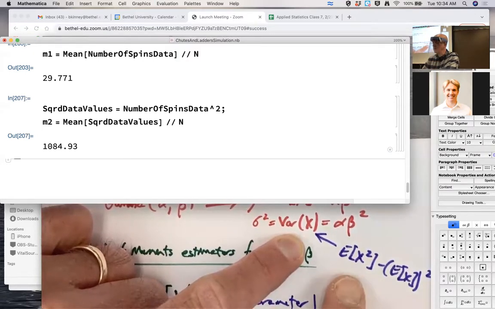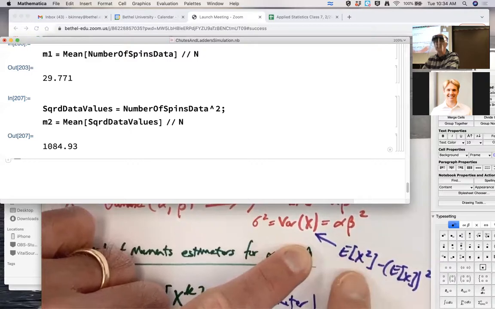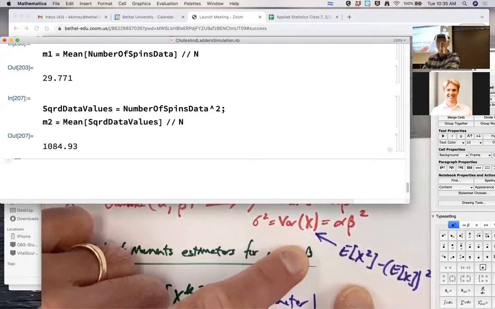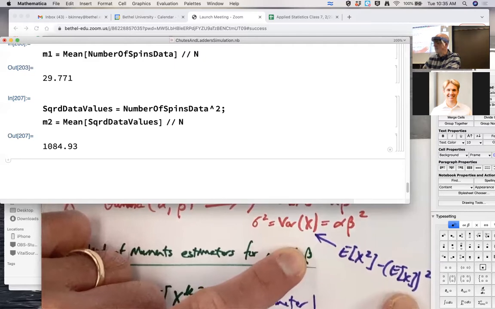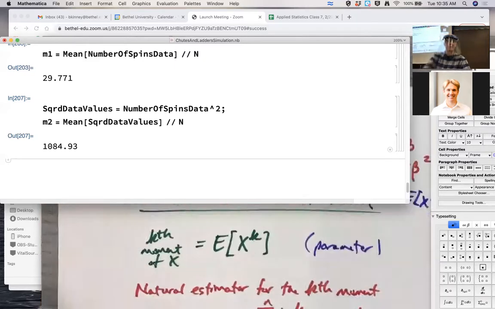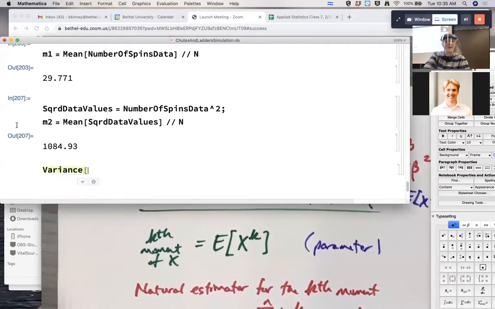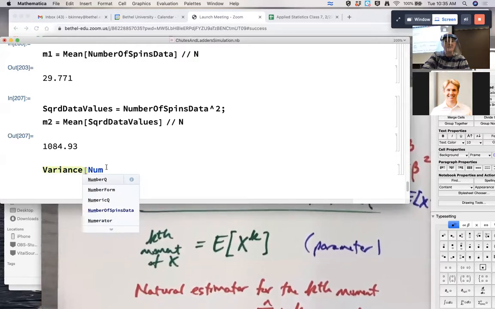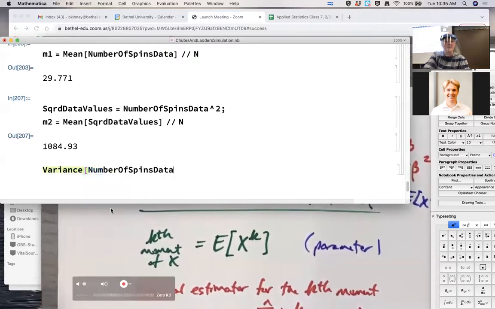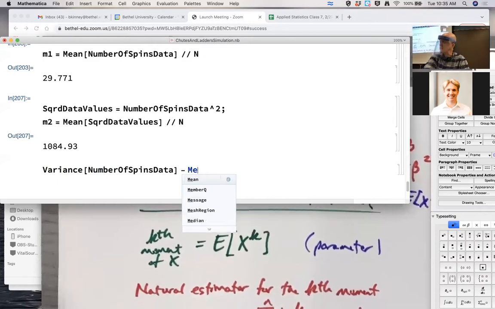I should be able to essentially solve for E of X squared and think of it in terms of statistics rather than population parameters by adding the mean squared to both sides. So I should be able to also compute it by doing the variance of the number of spins data, no, plus the mean squared.